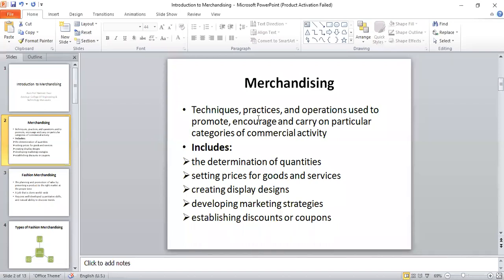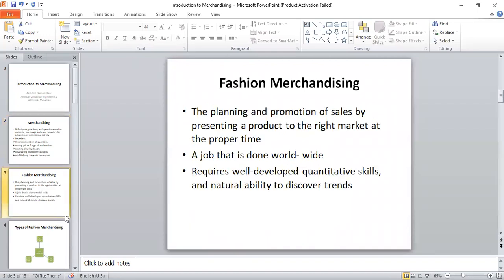Techniques, practices, and operations used to promote, encourage, and carry on particular categories of commercial activity include the determination of quantities, setting prices for goods and services, creating display and design, developing marketing strategies, establishing discounts or coupons.